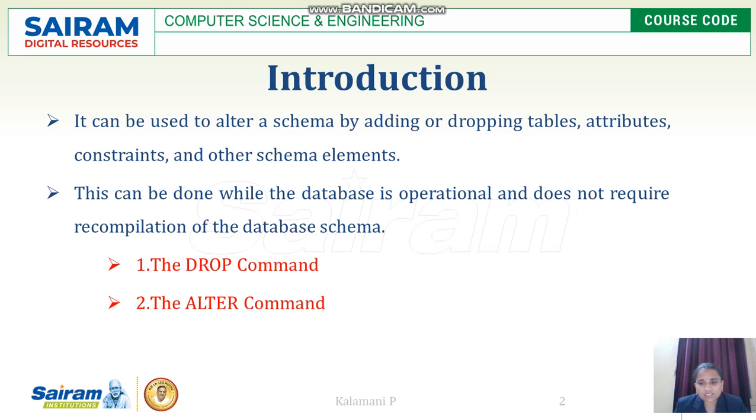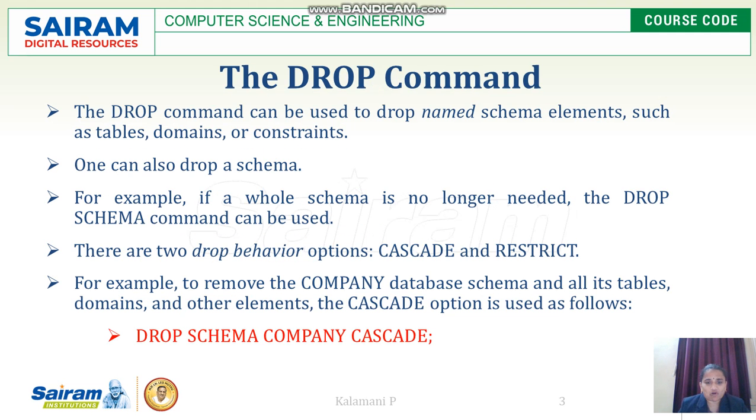For that, especially two commands should be used: the drop command and the alter command. First is the drop command. The drop command is used to drop schema elements such as tables, domains or constraints.